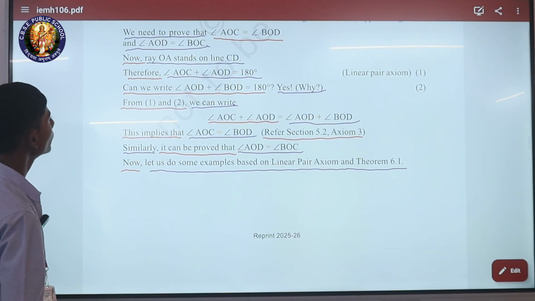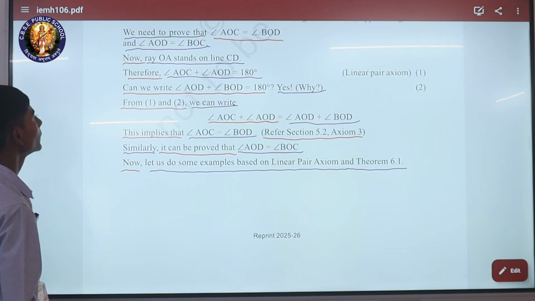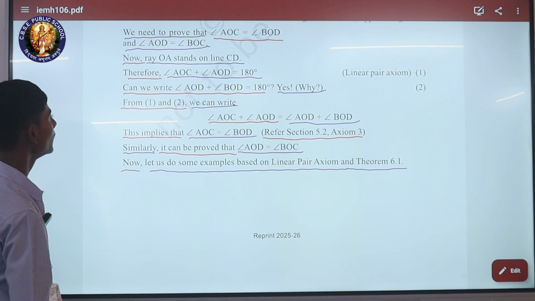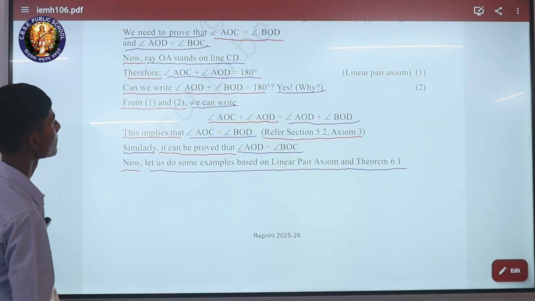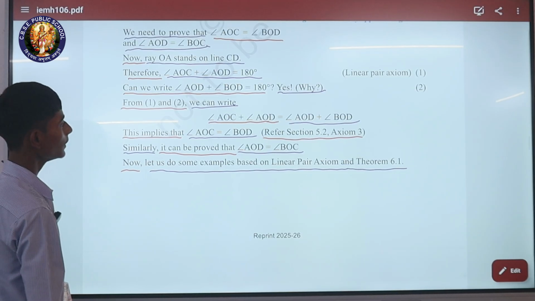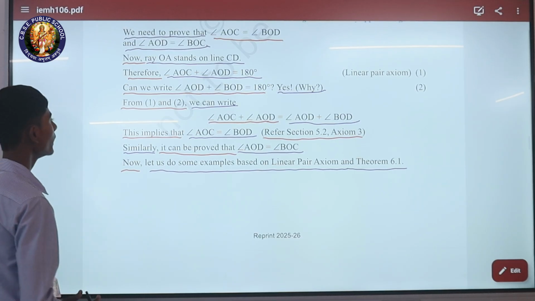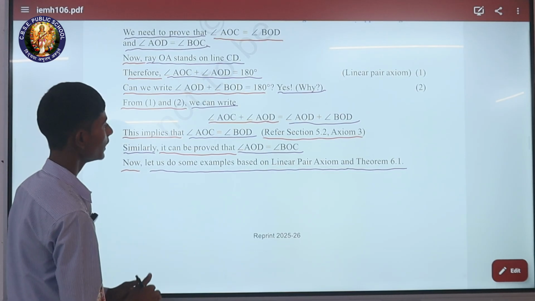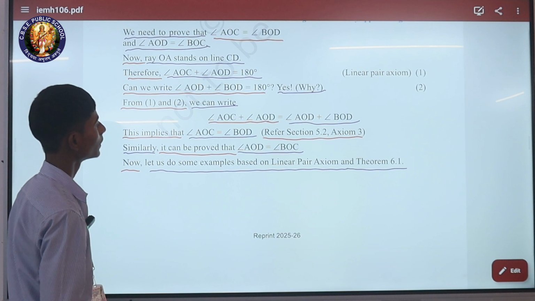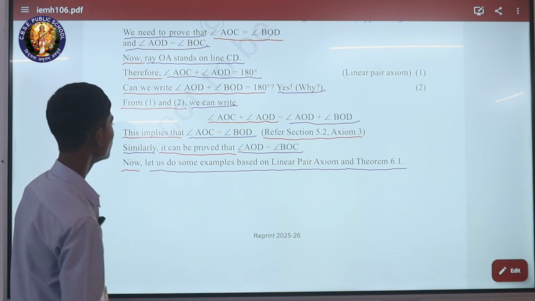Now, ray OA stands on line CD. Therefore, angle AOC plus angle AOD is equal to 180 degrees. Can we write angle AOD plus angle BOD is equal to 180 degrees? Yes. Why? From 1 and 2, we can write angle AOC plus angle AOD equals angle AOD plus angle BOD.